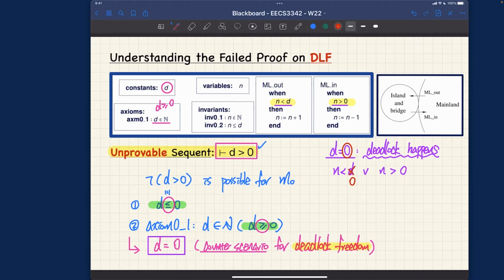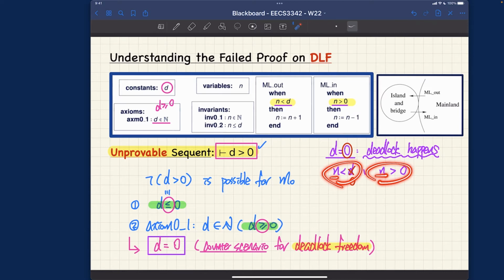What about n? We are talking about n less than 0 or n larger than 0. These two propositions may not necessarily evaluate to false always, but there will be some particular scenario. There exists one value for n such that both propositions will be evaluated false.